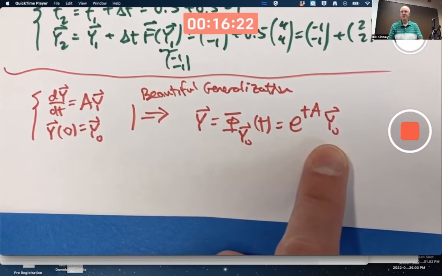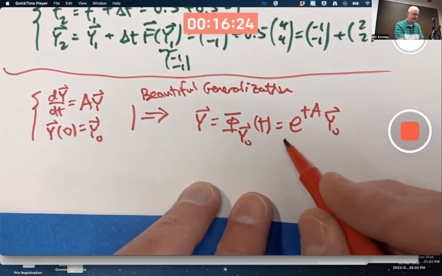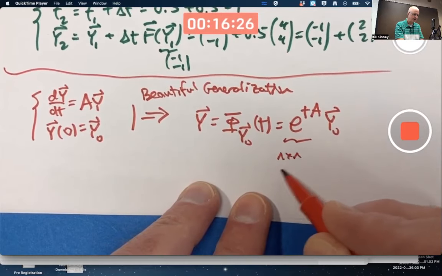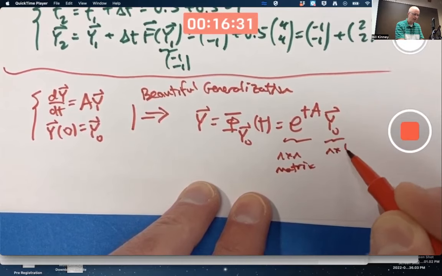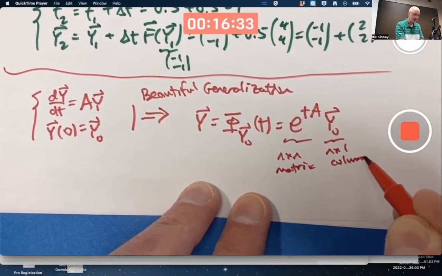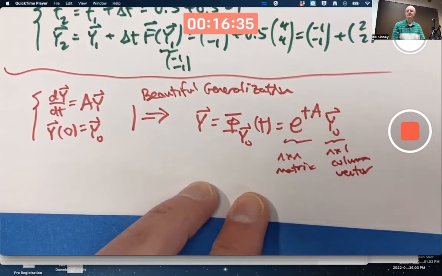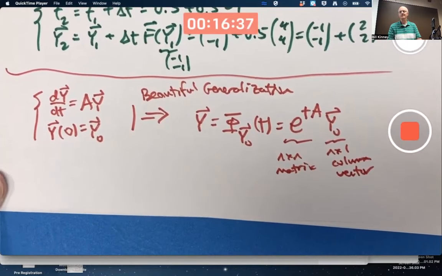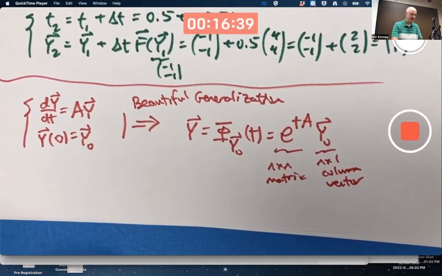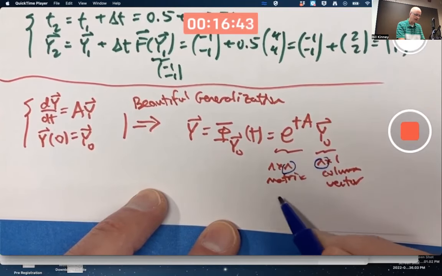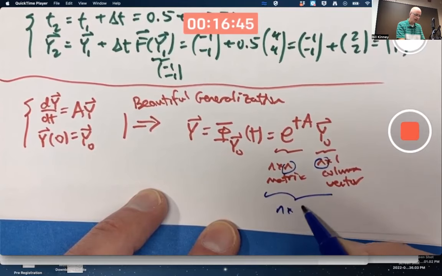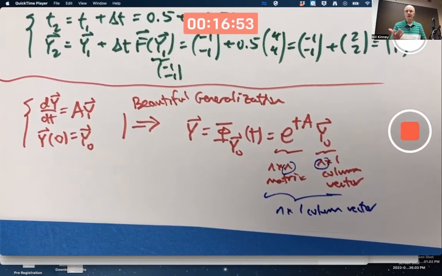Here I want to put the initial condition to the right because this is in general an n by n matrix times an n by 1 column vector. That's our standard way of thinking about this. And the result is an n by 1 column vector.